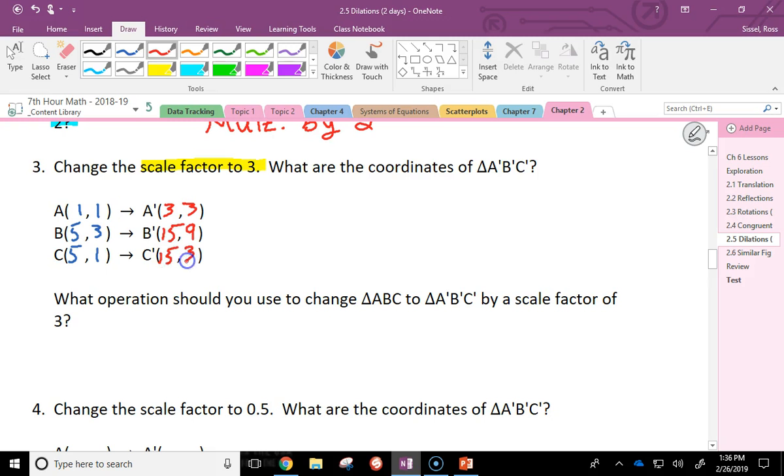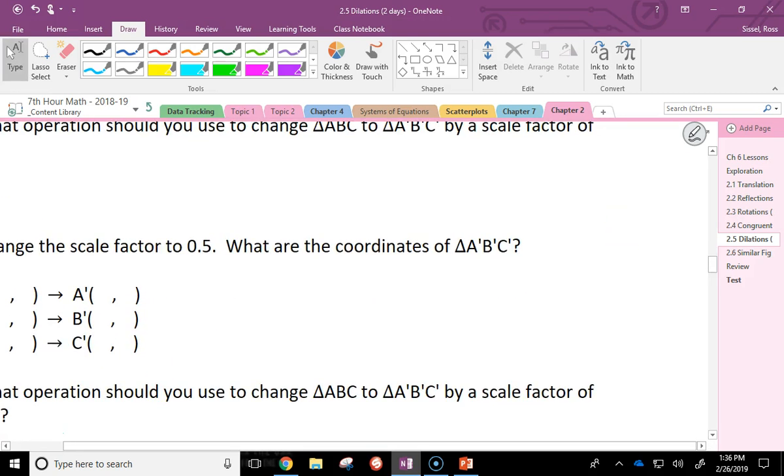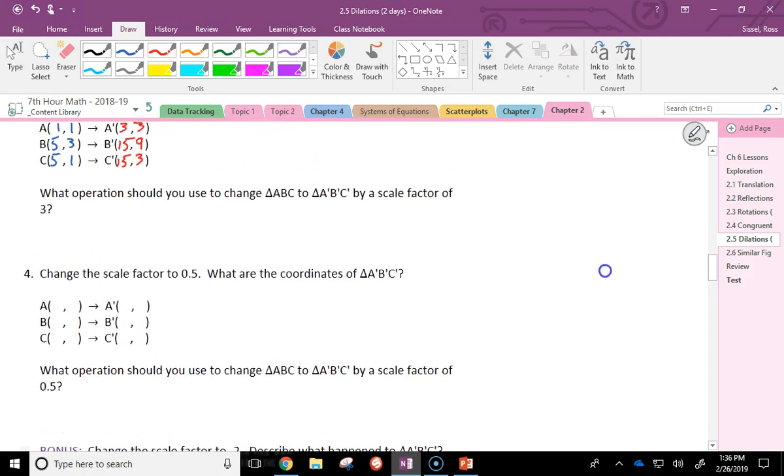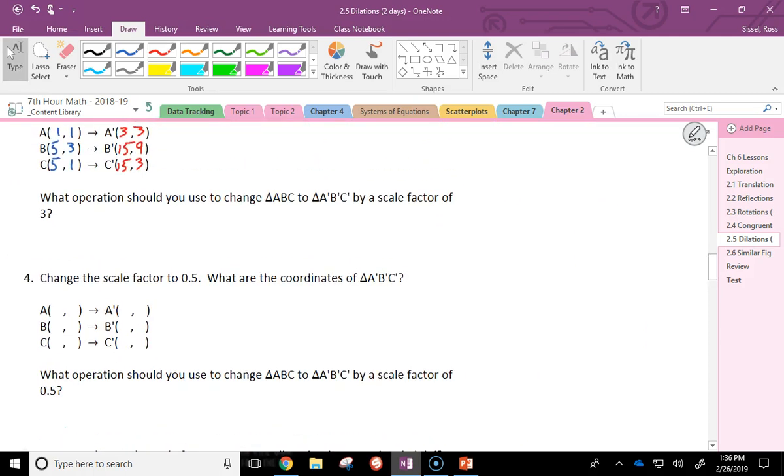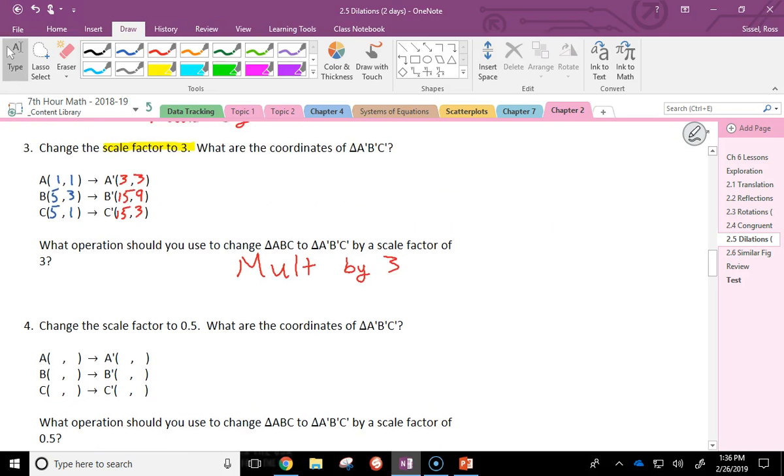Perfect. Good job. What operation would you have used when the scale factor was 3? We multiply by 3. We should have, right now, understanding that we multiply by whatever our scale factor is.